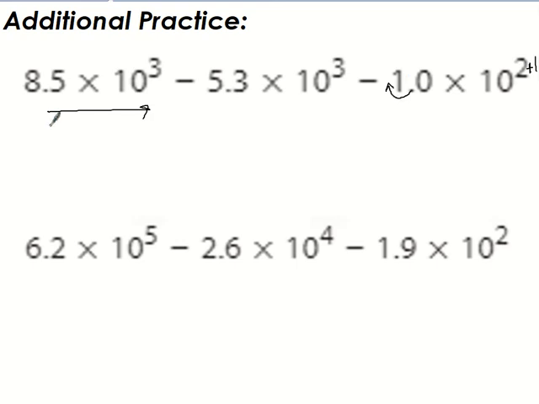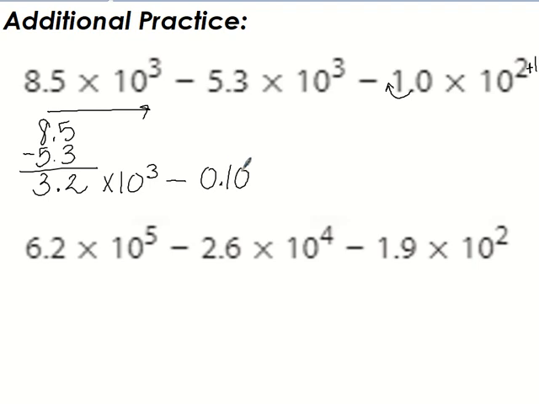So I'm going to first take 8 and 5/10 and subtract 5 and 3/10. They match, so I can just subtract. So I'm going to get 2.3, and that's times 10 to the 3rd. Then I'm going to subtract my 10th times 10 to the 3rd, because now I'm going to keep moving.